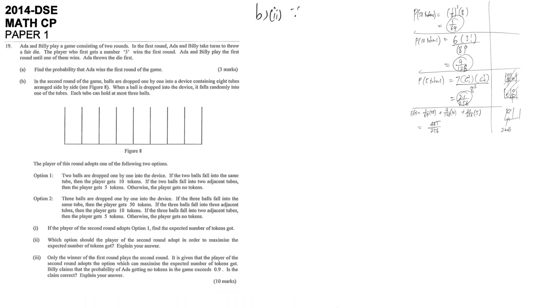It seems the expected value of option 1 is larger, so we choose option 1. That means the winner in the first round will choose option 1.